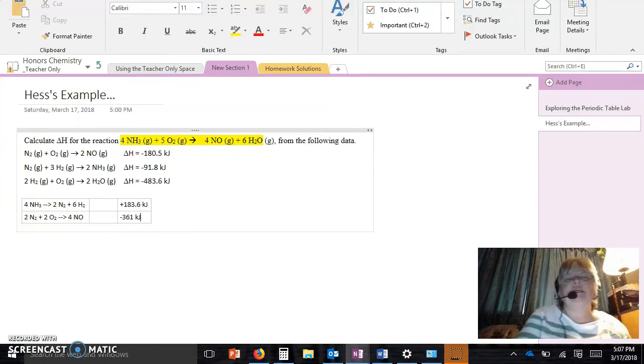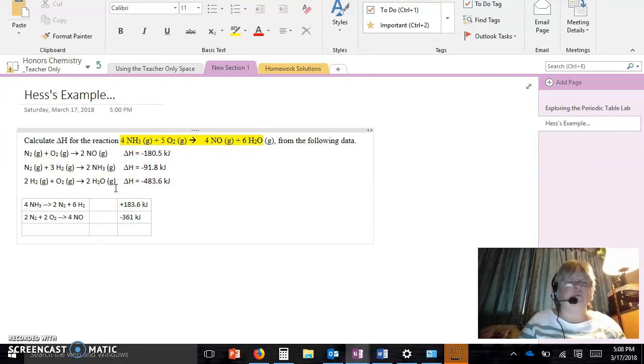And I'm going to see that I need 6 waters, okay, to form this one. Well, this has also got water as a product. So I don't have to worry about flipping my reaction, just like the other one. But I'm going to have to triple it because I'm only forming 2 waters with my known reaction, and I need 6 for my given.